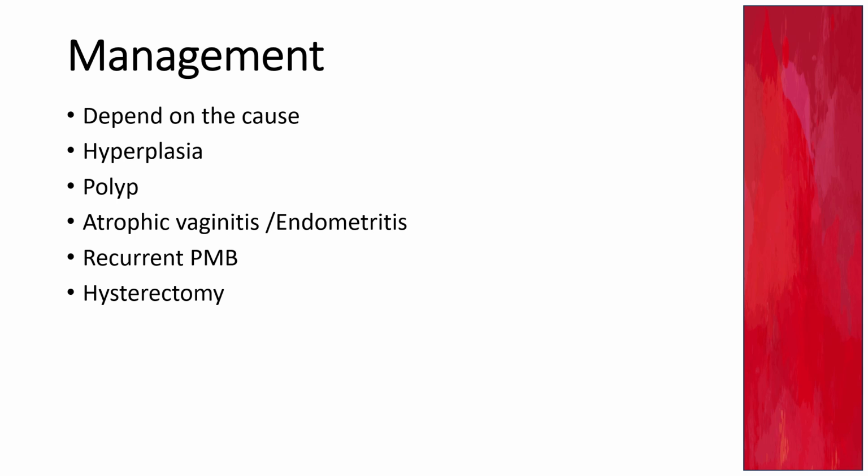Regarding recurrent postmenopausal bleeding, there is confusion as to when to call it recurrent. Bleeding persisting from the primary bleeding is not called recurrent postmenopausal bleeding. The primary postmenopausal bleeding should be evaluated and found to be negative, and then bleeding recurring after 6 months should be further evaluated.